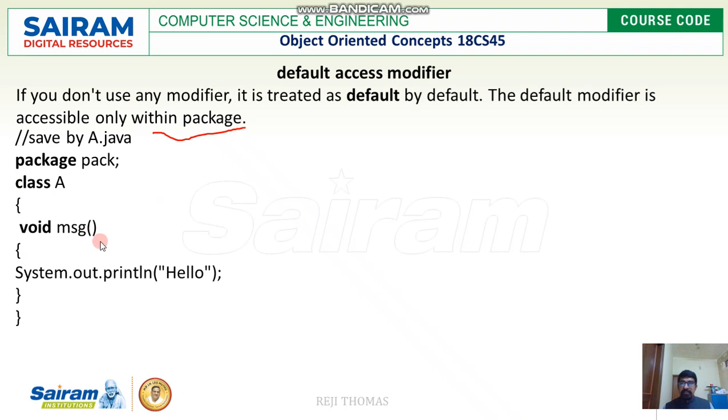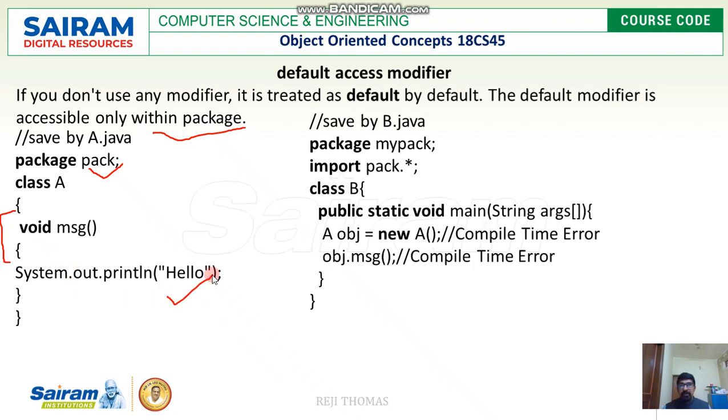Let us see a small example where we have a package called pack with a class called A. Class A has a method called msg, which is going to print a hello message. Now let us see another package. We have created another package called mypack, where I have imported the first package called pack.